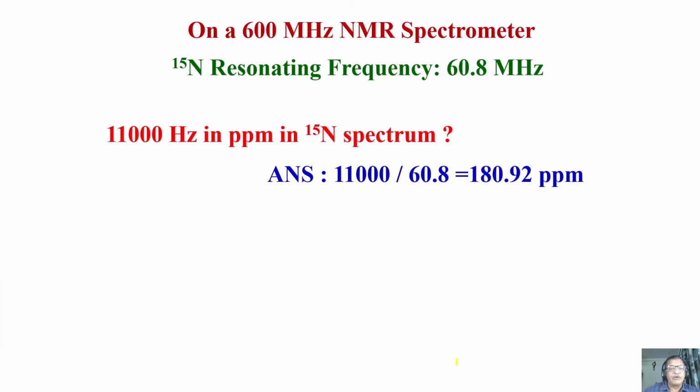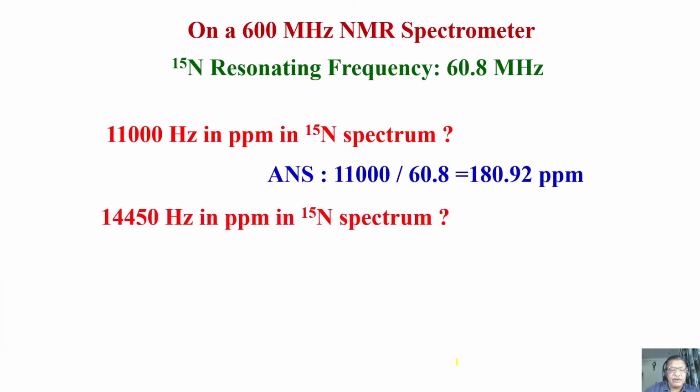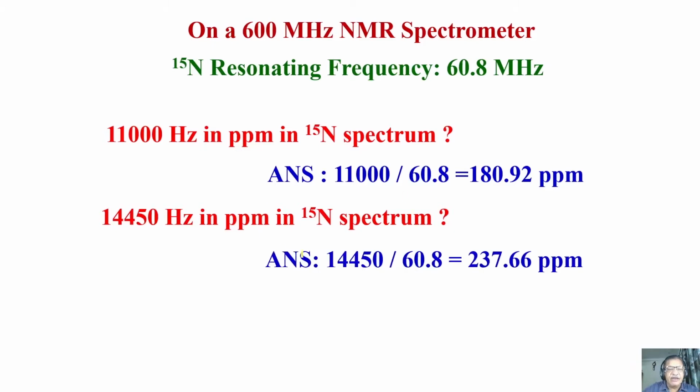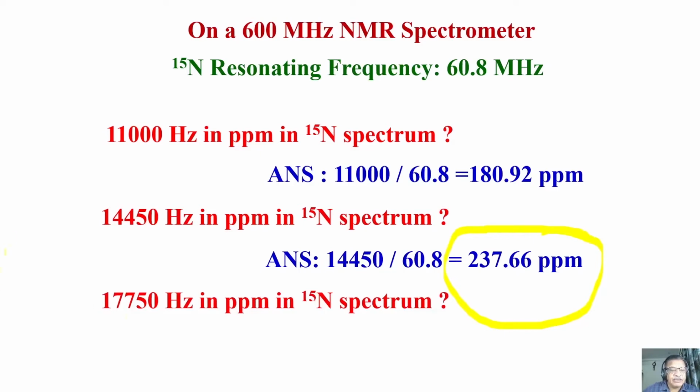Remember, it is very easy. You understood how to convert frequency to ppm. Now what is 14,450 hertz in ppm in the same spectrometer for nitrogen-15? Of course, simple arithmetic. Now this conversion must be at your fingertips. I don't have to explain it to you. Simply divide 14,450 by 60.8 and this is the value you are going to get, 237.66. Last example, same logic, 70,750.